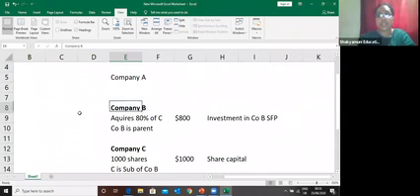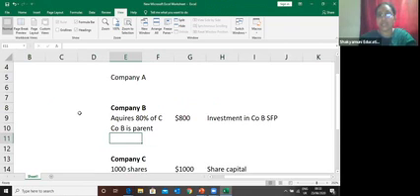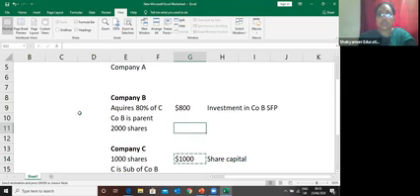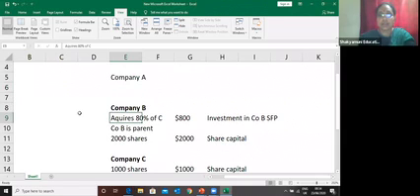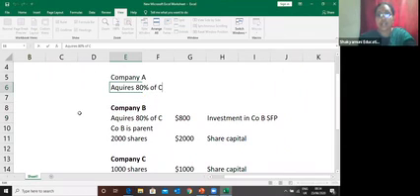Now come to company A. Company B also will have some shares. When company B is incorporated, it should have its own share capital. So company B has 2000 shares, that means $2,000 share capital, right? And these 2000 shares are held by company A. Company A acquires 100% of B shares.